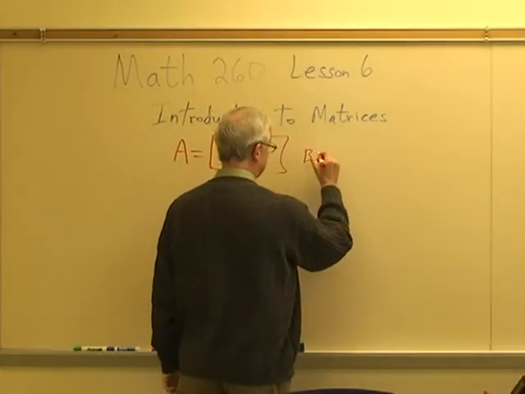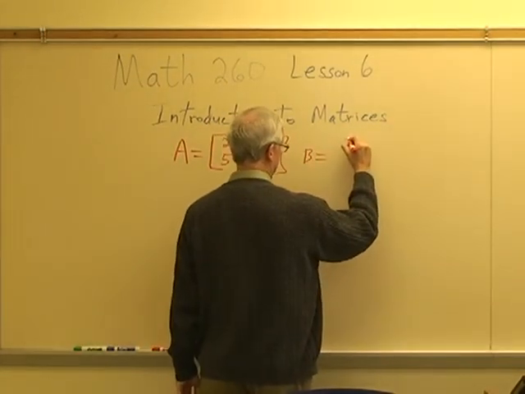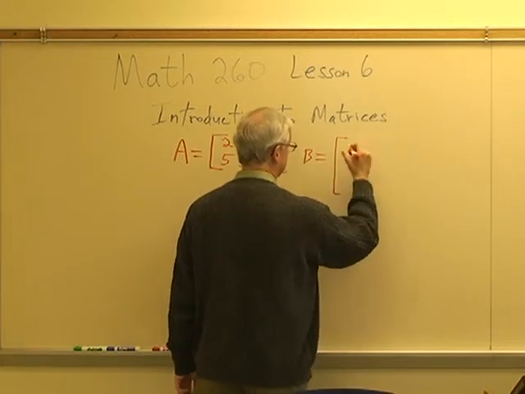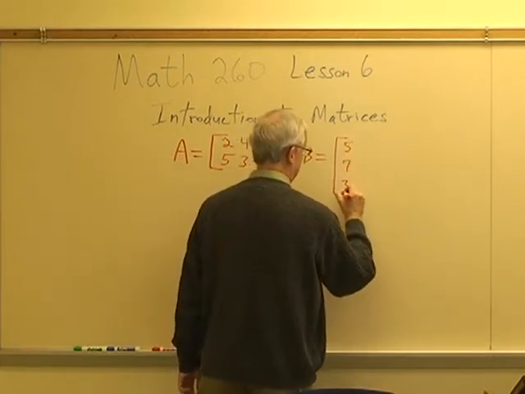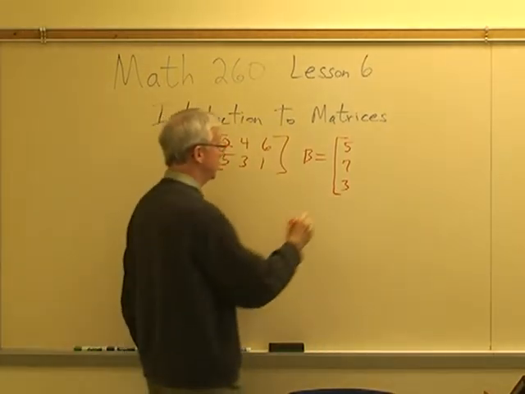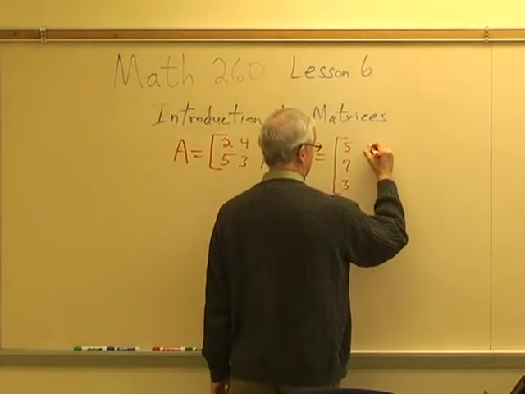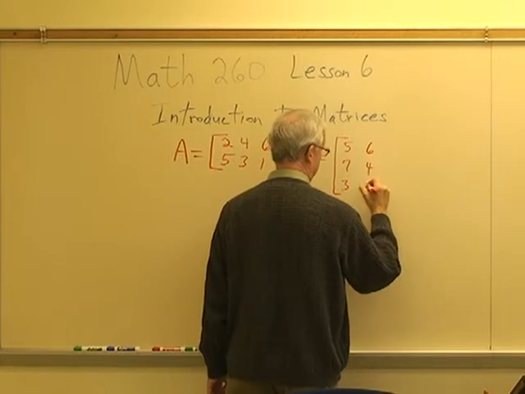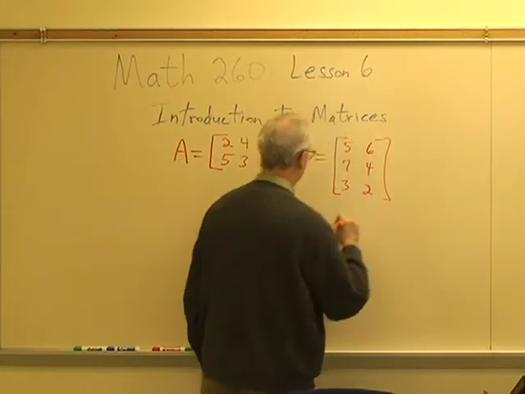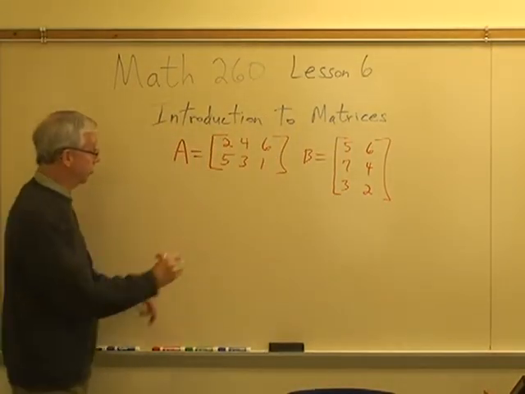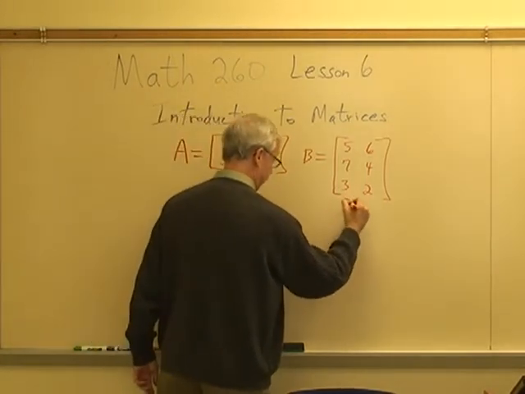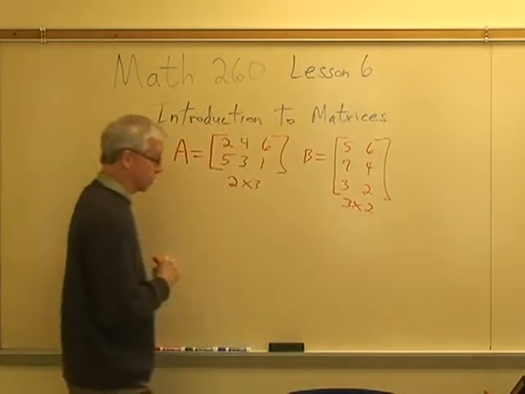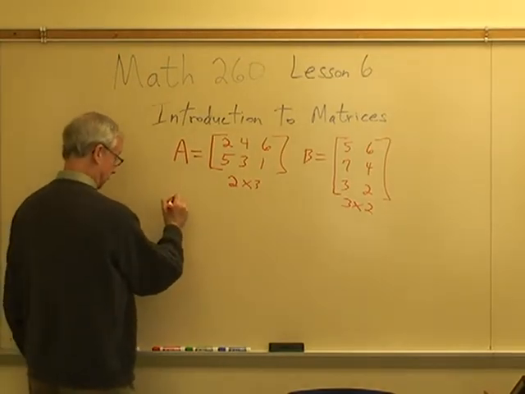And my matrix B. First column, 5, 7, 3. Second column, 6, 4, 2. So right away, because this matrix has dimensions 2 by 3, and this one has dimensions 3 by 2, I can't add them. But I can do the following.